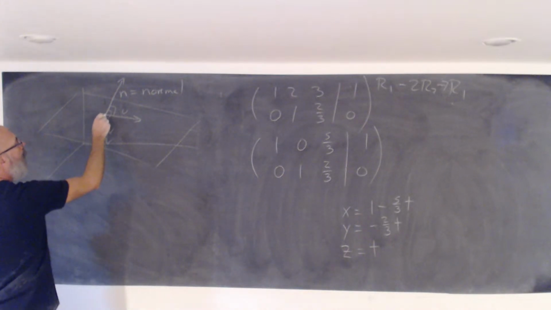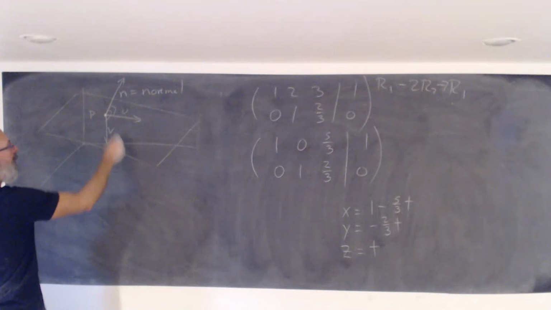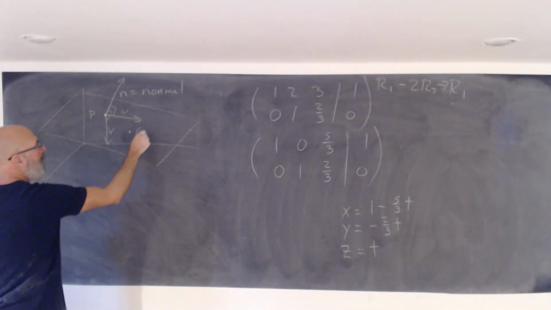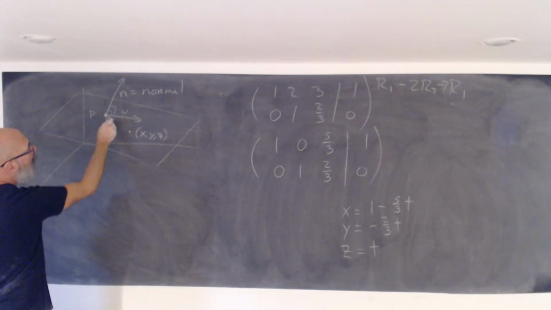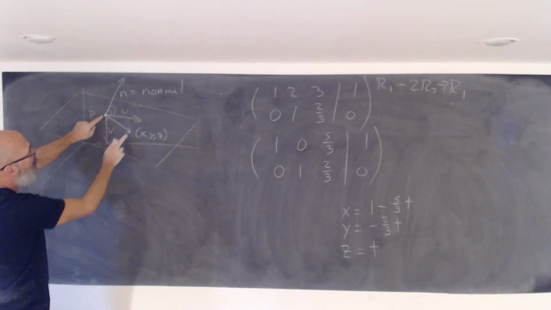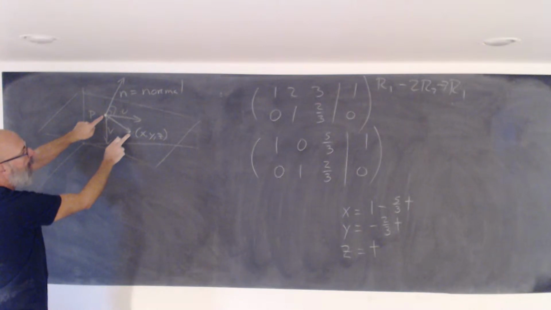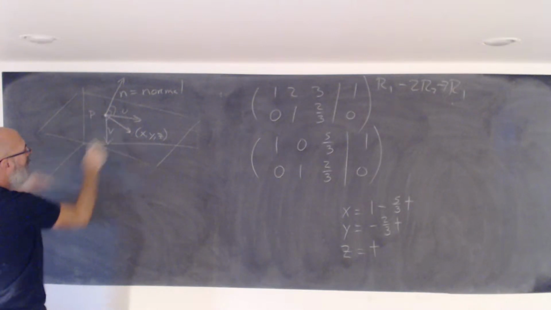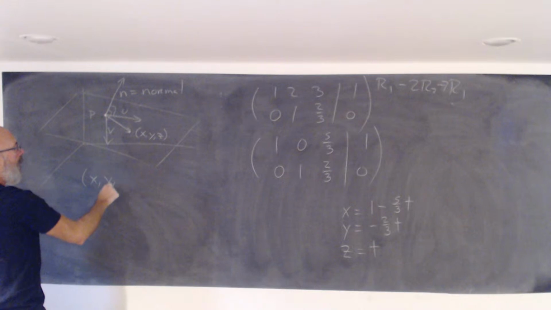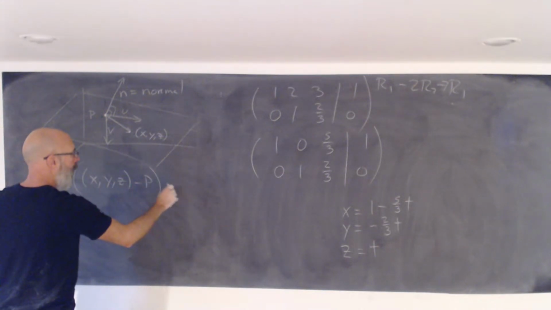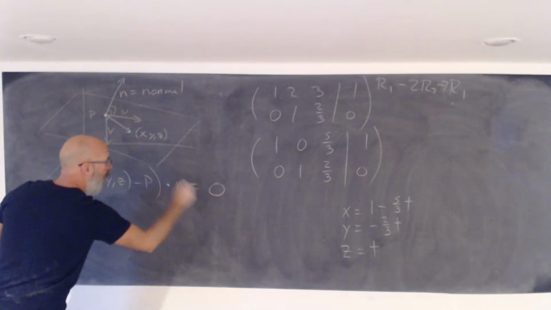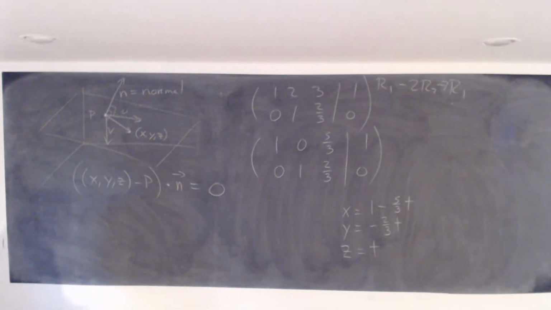And if you have a plane through some point P, any point on the plane, (x, y, z), produces a vector from the point P to that point, and that vector, (x, y, z) minus P, has to be orthogonal to the normal. And that gives you the equation of a plane.